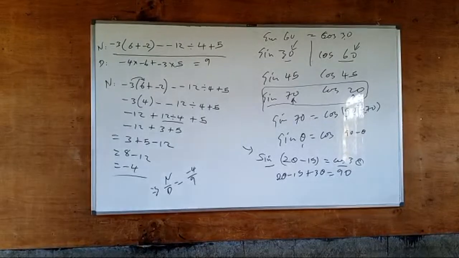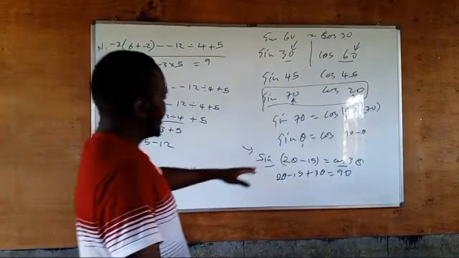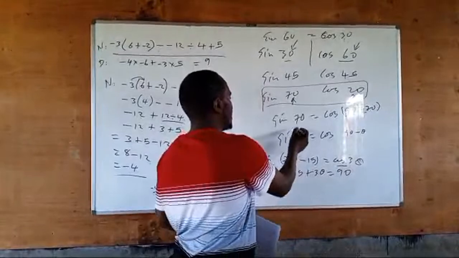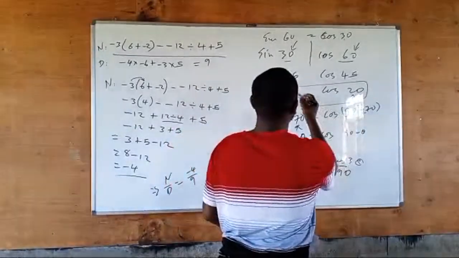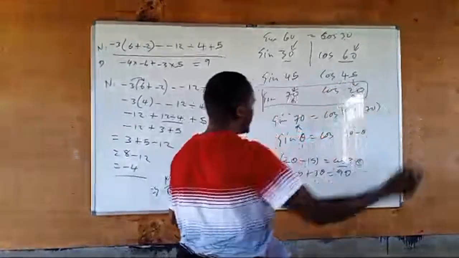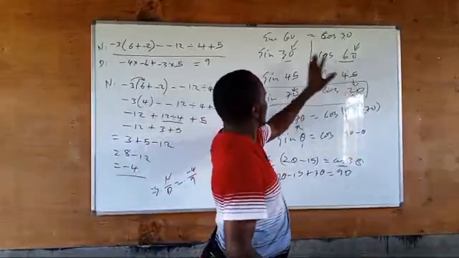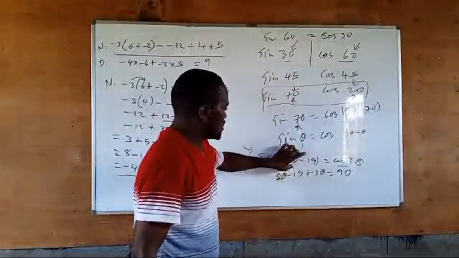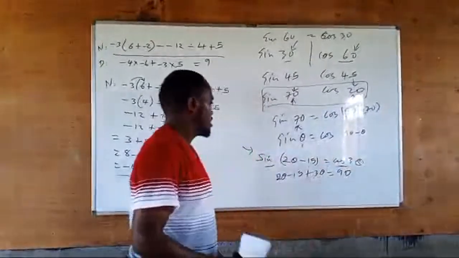You still have a lot. This correction was cos of 90 minus theta. So when we say this is equal to this one, this one is equal to this. If you add this and this it should give you 90.